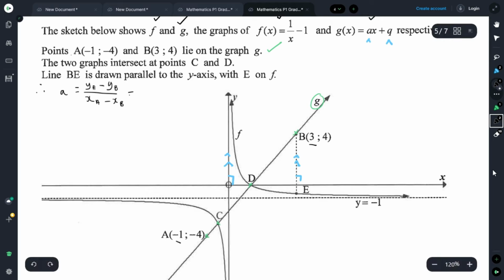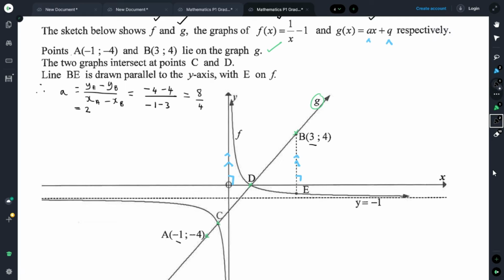So let's substitute the coordinates. Negative 4 minus 4 divided by negative 1 minus 3. So that gives us negative 8 over negative 4, and 8 divided by 4 is positive 2.